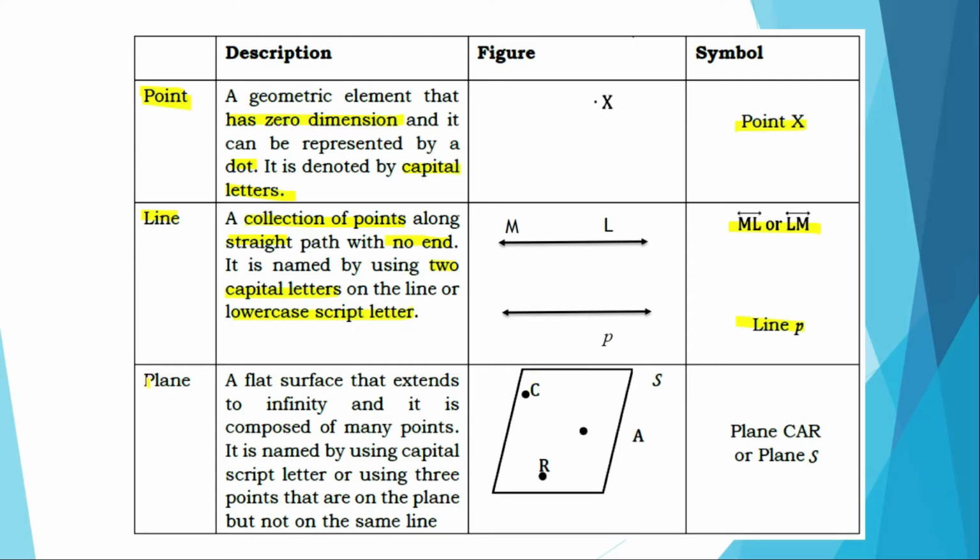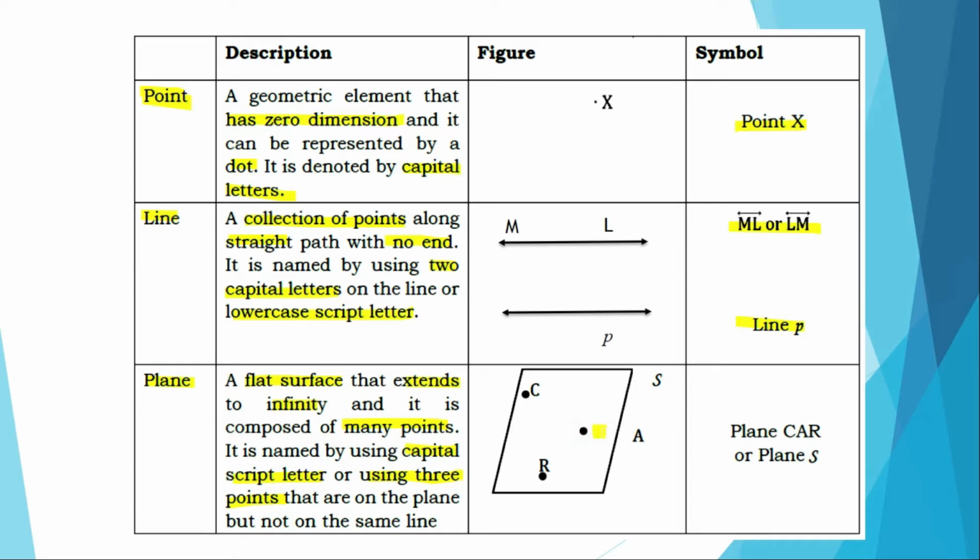And then the next is plane. A plane is a flat surface that extends to infinity and it is composed of many points. It is named by using a capital script letter or using 3 points that are on the plane but not on the same line. So, ito siya. Yung A pala dito, supposed to be nandito siya.